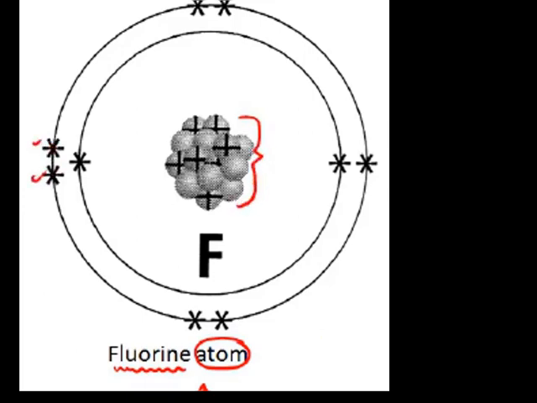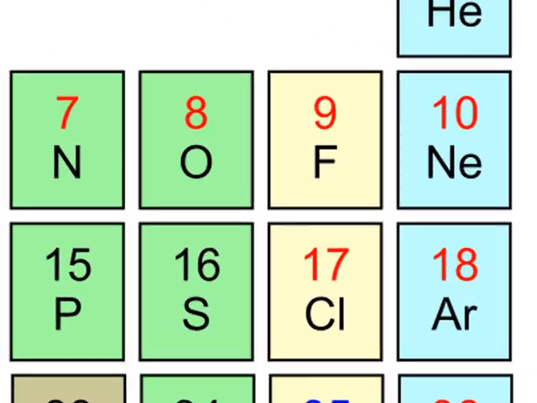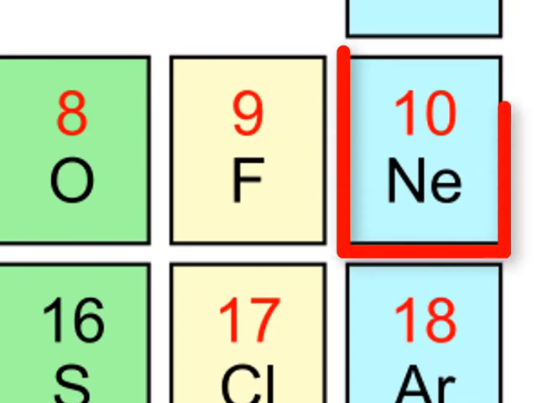7 of these 9 are called valence electrons, outermost electrons. 2 of them are called core electrons. Now a substance is most stable if it has the electron configuration of a noble gas. Now the nearest noble gas for fluorine is neon, but neon differs from fluorine in that it has 10, not 9 electrons.